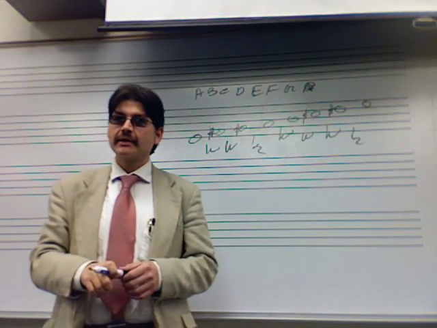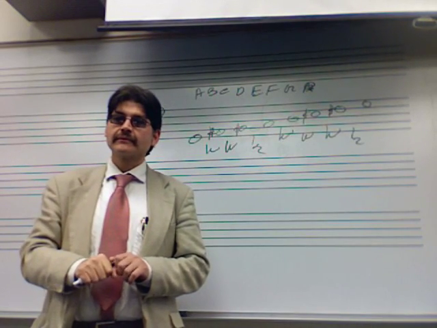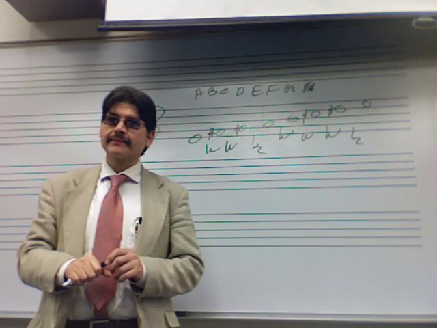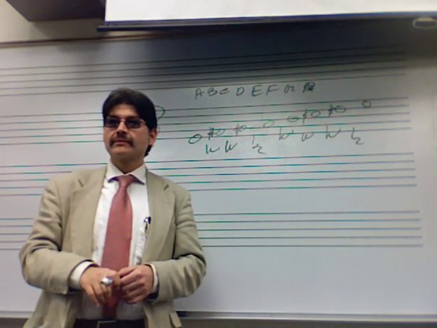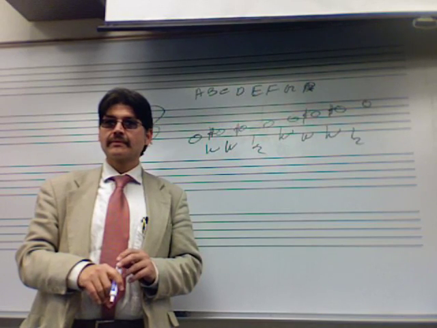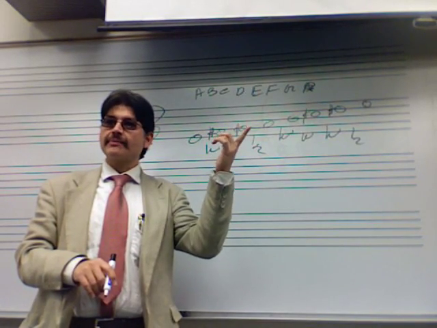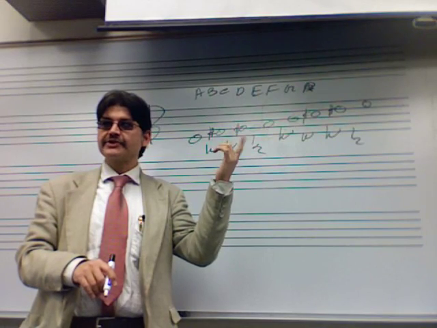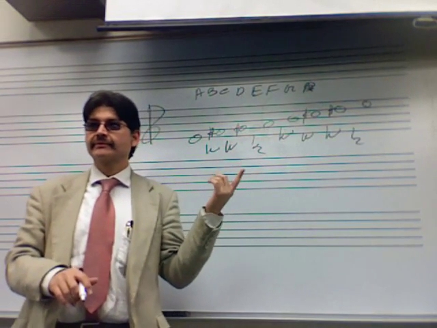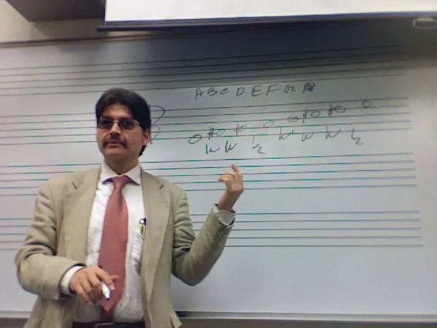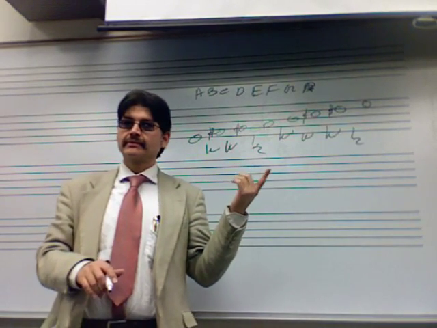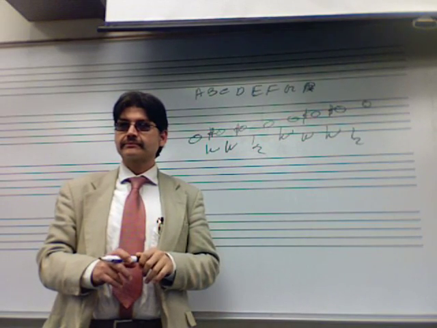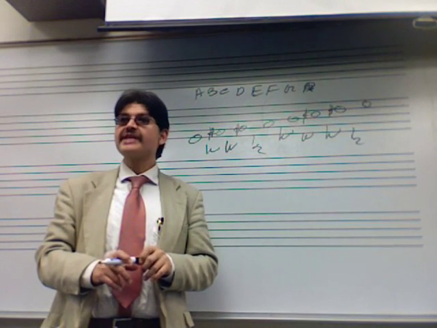Yes, sir. Between E, try it on your guitar. E and F. Let's play E and F right now. Is there a note between E and F? Okay, so that's a half step.